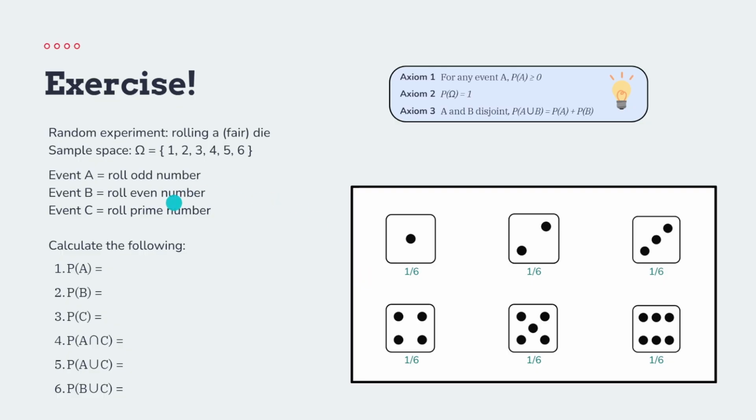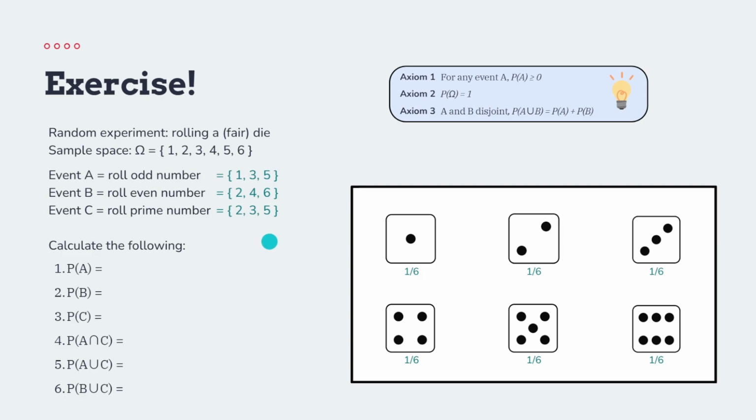Next, we want to define the events A, B, and C. So for event A, rolling an odd number consists of 1, 3, and 5. Event B, rolling an even number, consists of 2, 4, and 6. And event C, rolling a prime number, consists of 2, 3, and 5.